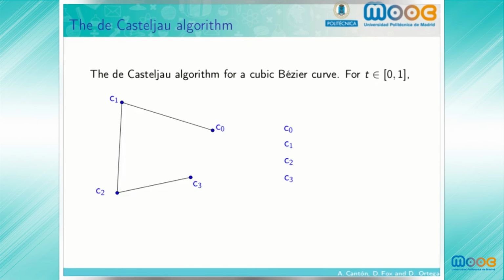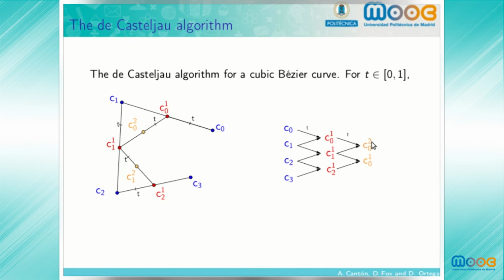So summarizing, the Casteljau algorithm for a cubic Bezier curve for t between 0 and 1. Here we have the control polygon, and here we have the schematic representation of the algorithm. In the first iteration, we get 3 points. These 3 points are obtained in the corresponding edges of the control polygon at ratio t, 1 minus t, the ratio given by t.